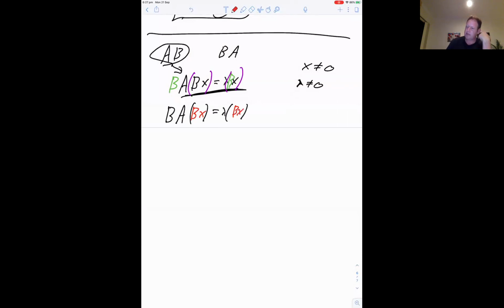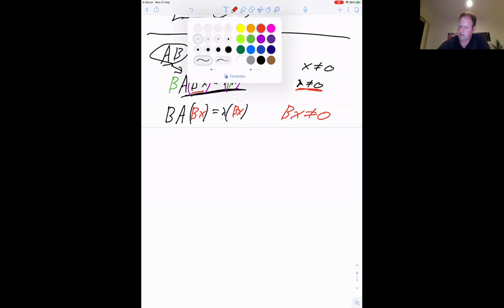Now the vector BX is not 0. Why is the vector BX not 0? Because lambda is not 0. Because lambda is not 0 and X is not 0, this thing cannot be 0. Sorry, I lost myself here for a sec.